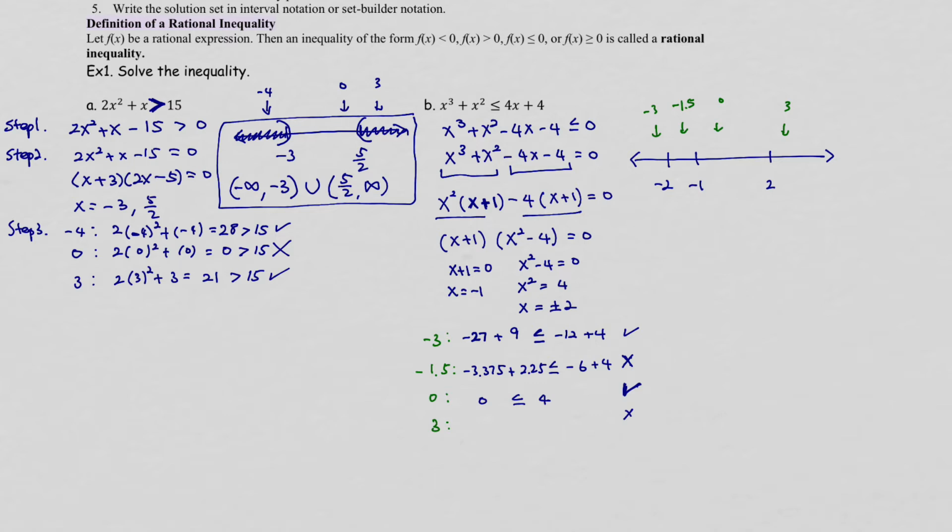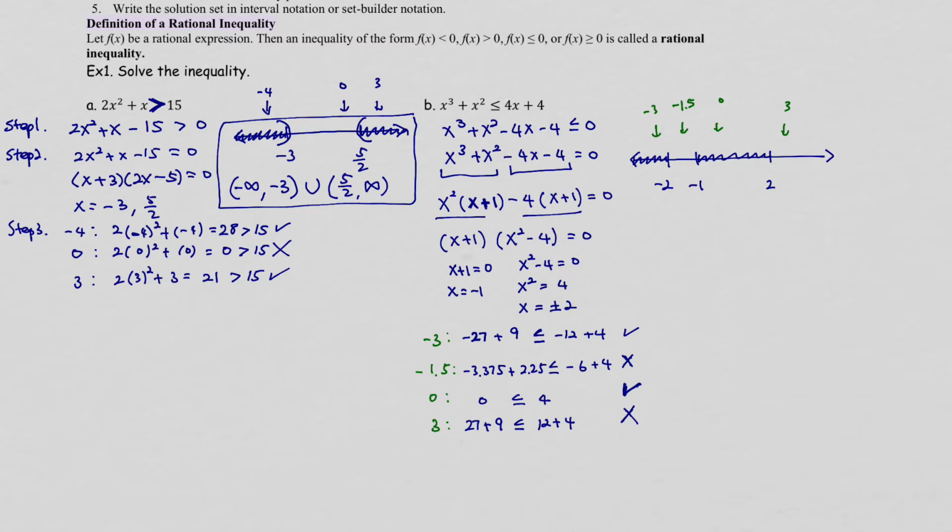And if we plug in 3, we get 27 plus 9, and 12 plus 4, right? And that's not true, right? 27 plus 9 is bigger, so that's not true. So then we know the areas are going to be the first and third.